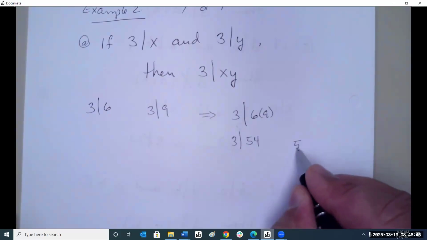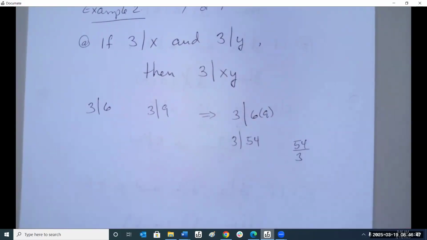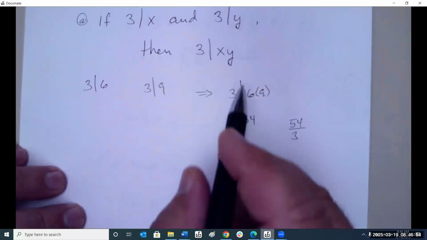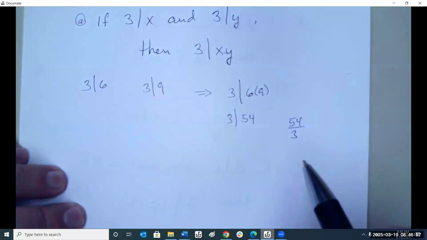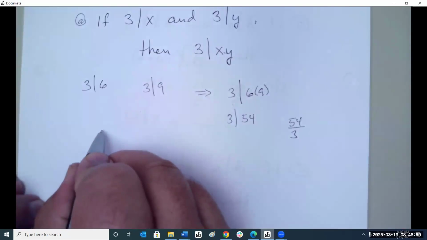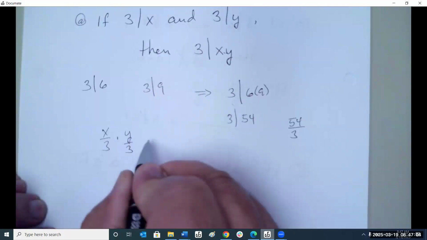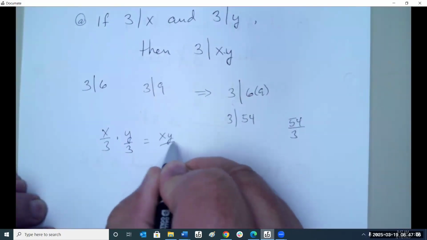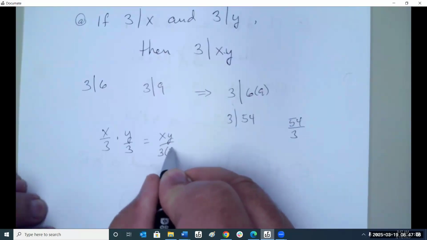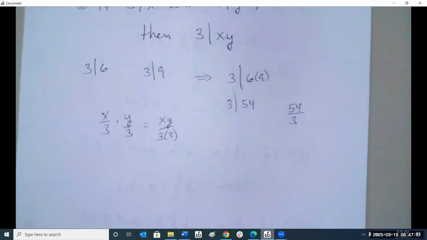Yeah, because what this is saying is, can we take this even further? Instead of addition, what we're saying here is this: X over 3 times Y over 3 is equal to XY over 3 times 3. Since both of these are true, then this one has to be true.